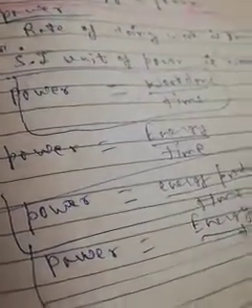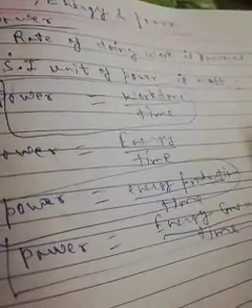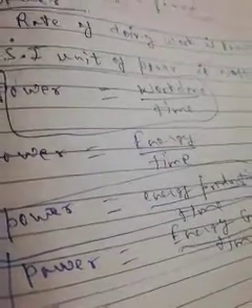Either production or consumption, that is also the power. Talk about a generator. If an AC generator has a greater energy value per unit second, it is producing greater energy, so the power is more. Maybe in HP we can say 2 HP, 3 HP motor or whatever.